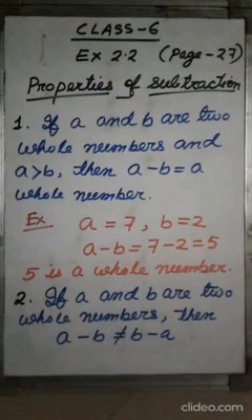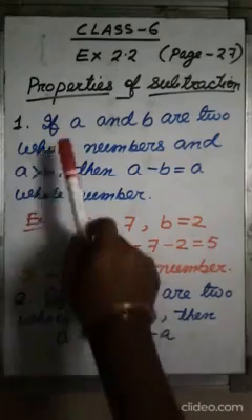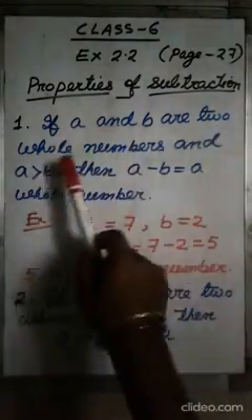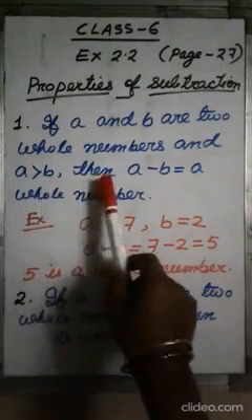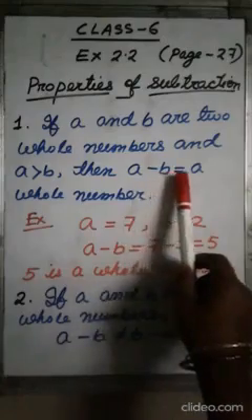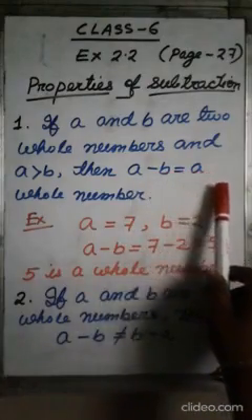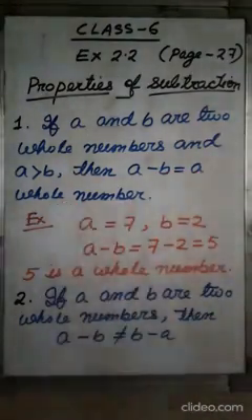Property number 1. If A and B are two whole numbers and A is greater than B, then A minus B is a whole number.